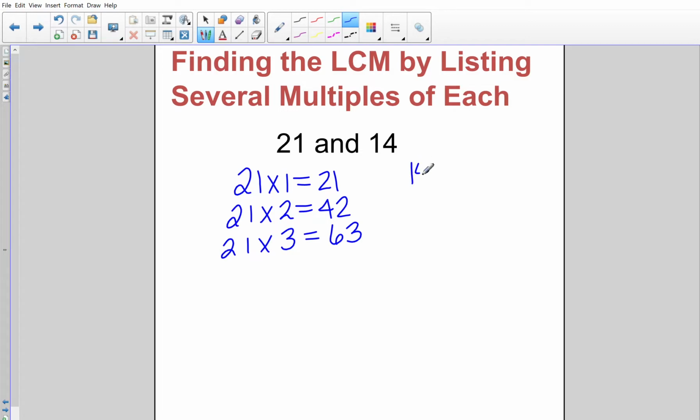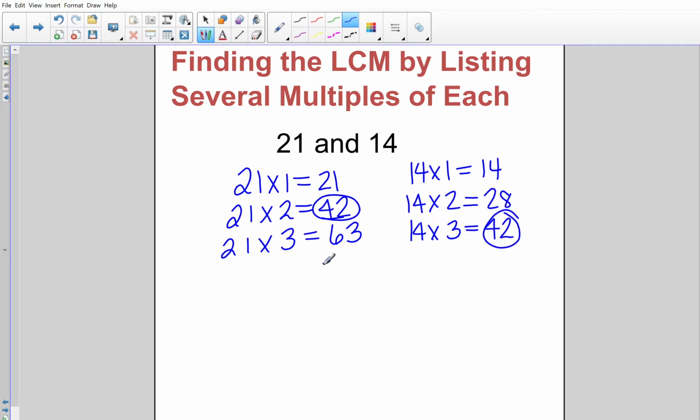I've got 14 times 1, which is 14. 14 times 2, which is 28. 14 times 3, which is 42. Now you can see I have 42 and 42, and those both match. So my least common multiple with these two numbers would be 42. Okay, so you're just multiplying to find what matches.